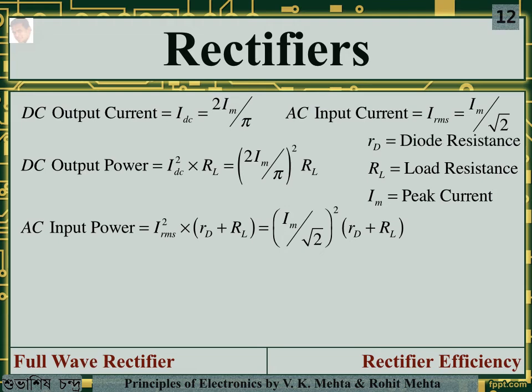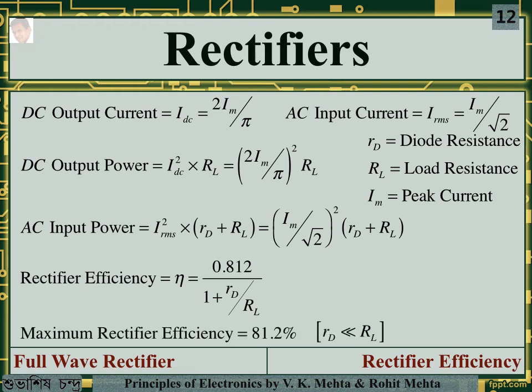In this case, the rectifier efficiency is 0.812 by 1 plus RD by RL. Again, if we consider the condition that diode resistance is very less than the load resistance, then the maximum rectifier efficiency is 81.2%. So we can see that the rectifier efficiency of a full wave rectifier is quite large as compared to the half wave rectifier.